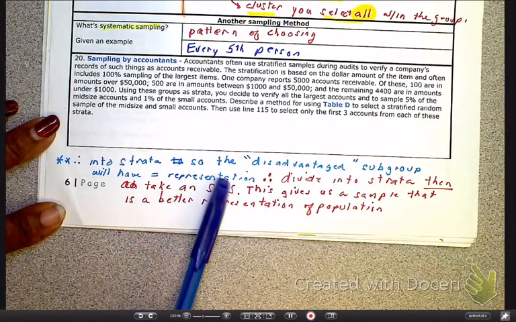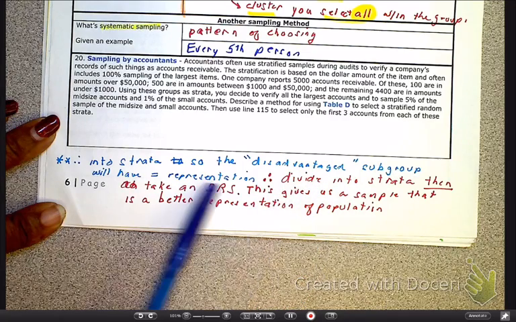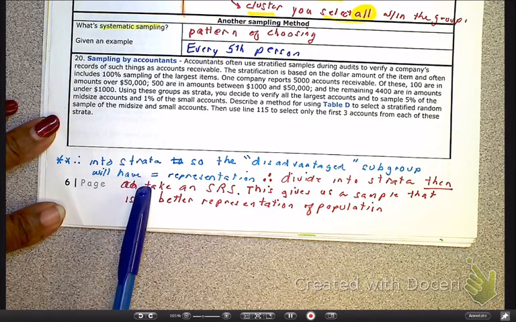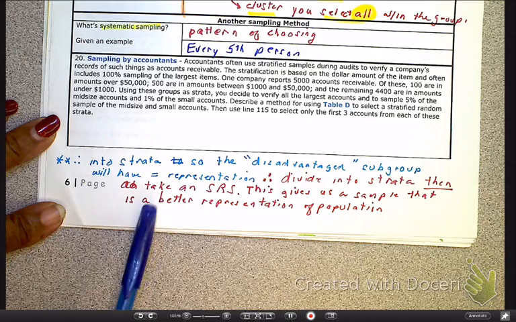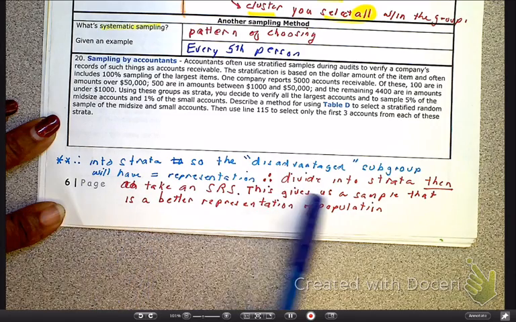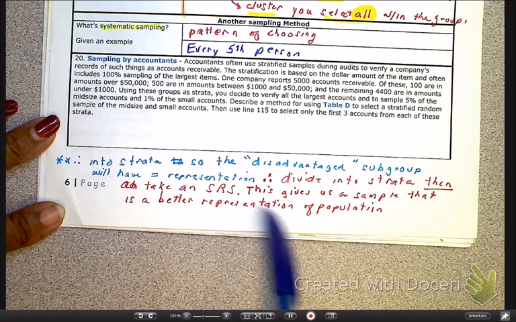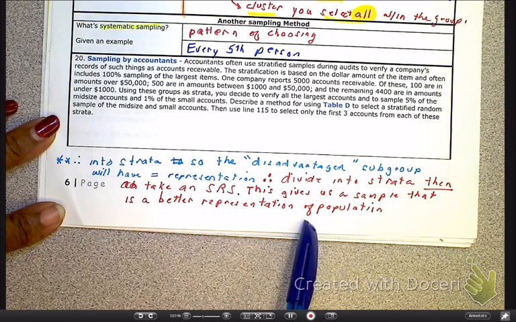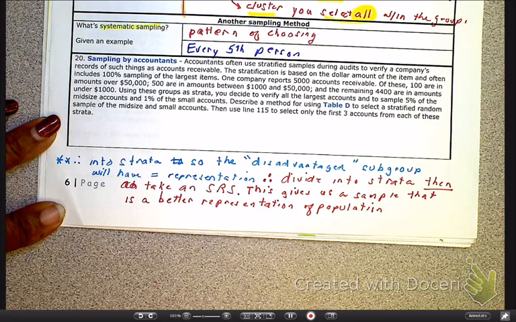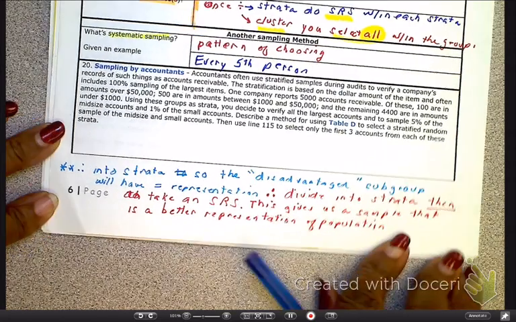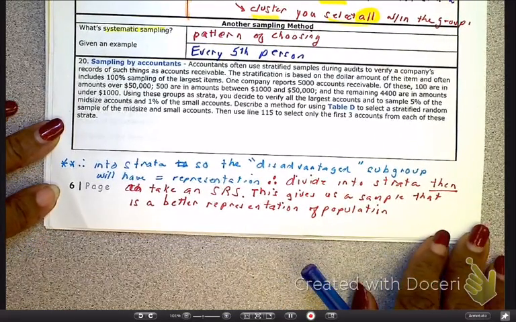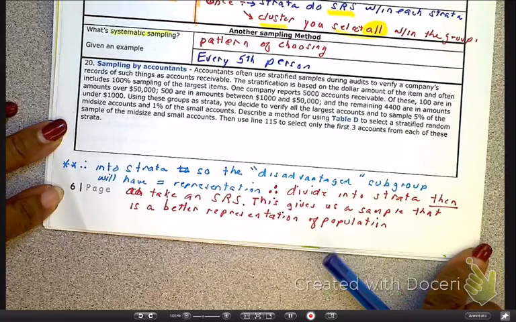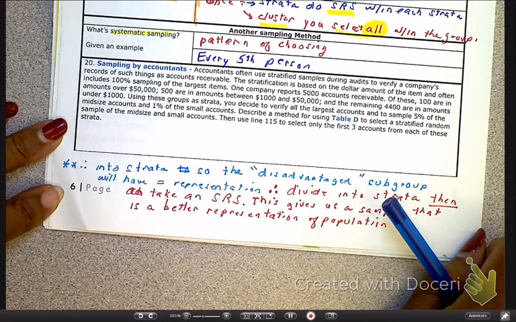When it's in a strata, in terms of that, the disadvantaged subgroup, they're going to have an equal representation if we use the strata. So therefore, we divide them into strata, and then we take the SRS, and it gives us a better, again, representation of that population, which is truly only a third of the overall population, but at least they will be equally given the opportunity to be represented.